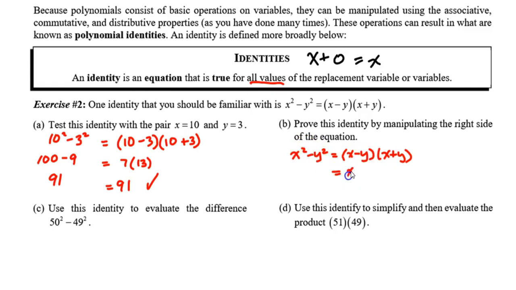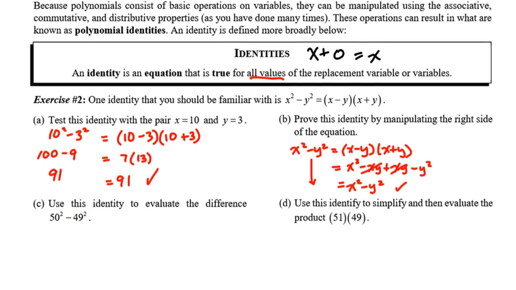You can use the box method for multiplying these binomials if you like. Okay, so these are opposites. And I just draw an arrow down to show that that all stayed the same. This changed.